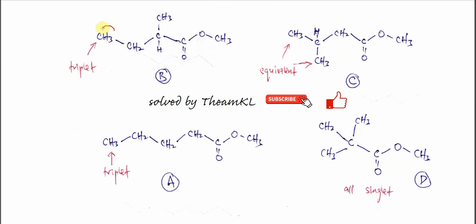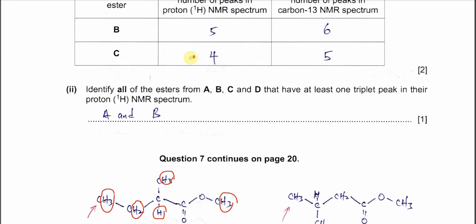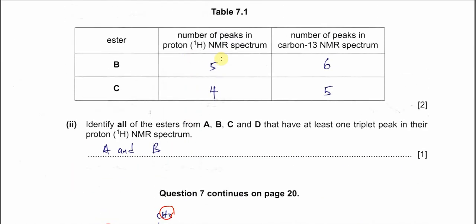This proton has one chemical environment, so it gives one signal, 2, 3, 4, 5. Because all these protons have different chemical environments, it will produce 5 signals. So proton NMR, 5 peaks.